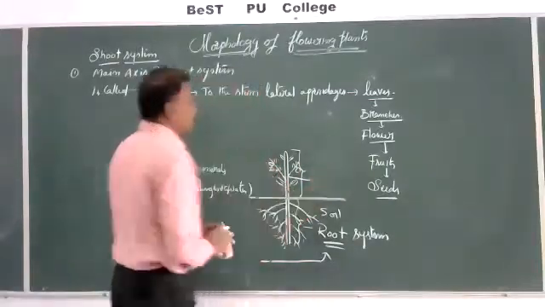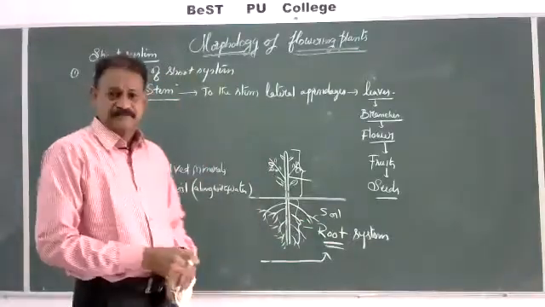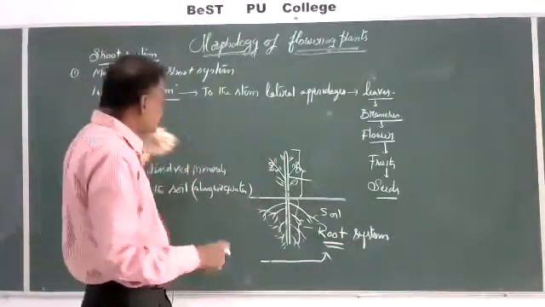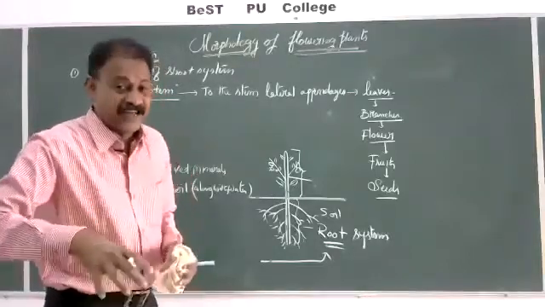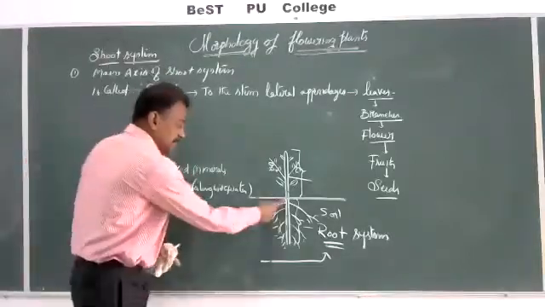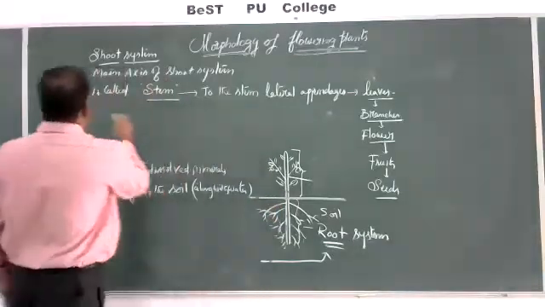Here, what is the function of the stem? What is the function of the shoot system? Stem function: whatever water is absorbed from the roots, it will conduct the water.